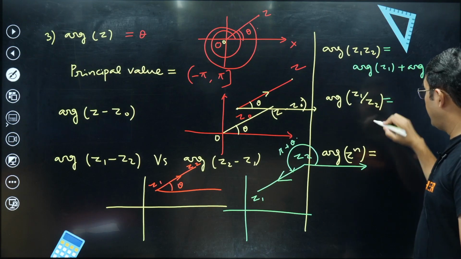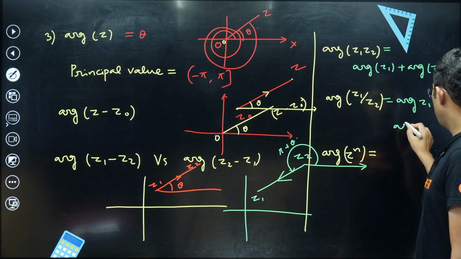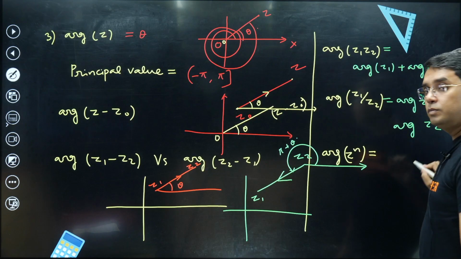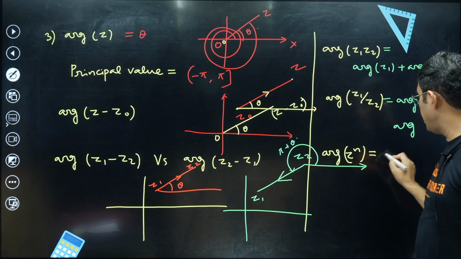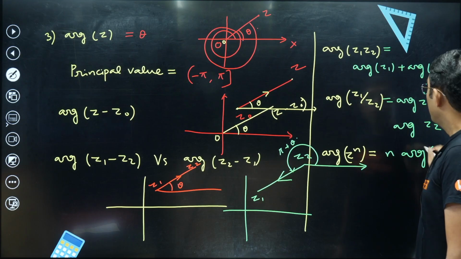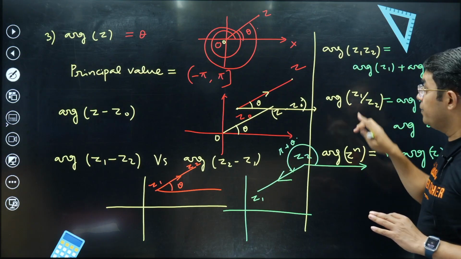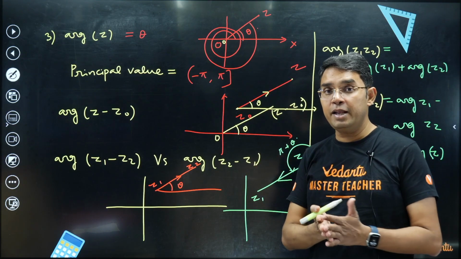If it is divided by, then it will be argument of Z1 minus argument of Z2. If power n is there, then you can take n outside and multiply with argument of Z. Both sides are equal for certain values of argument, because we know argument has infinitely many possible values.